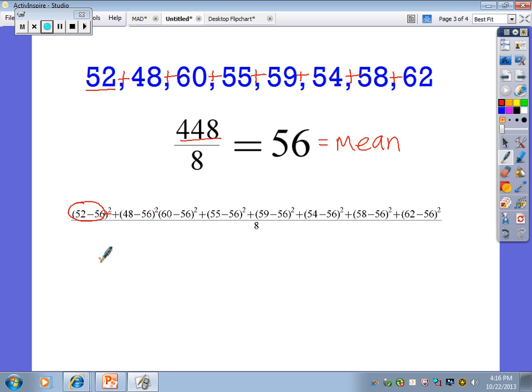But 52 minus 56 is negative 4 squared, plus 48 minus 56 is negative 8 squared.